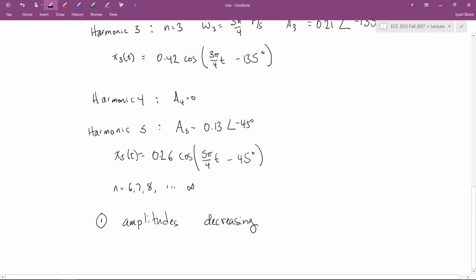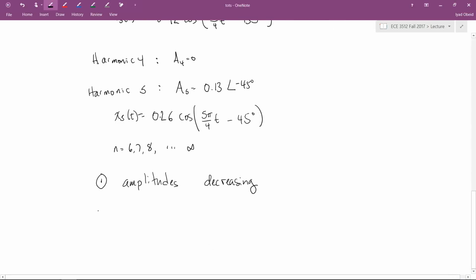In some cases, they'll be monotonically decreasing, which means that they get smaller and smaller with every single value of n. In other cases, we'll find that the values might get a little bit bigger, but then they'll get smaller, and then a little bit bigger, and then smaller yet. And in fact, as n approaches infinity, they almost always approach zero. So the amplitudes tend to decrease. And we're going to spend a little time thinking about what that means.